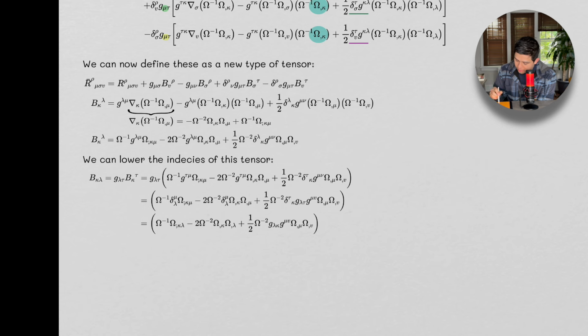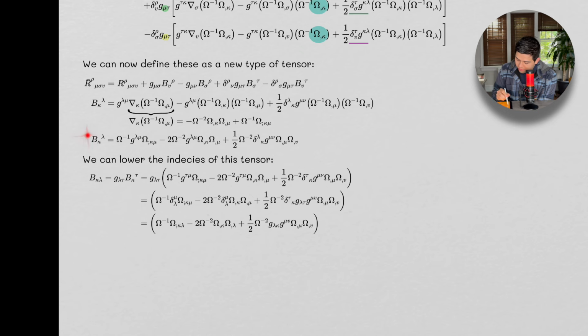And we can add terms to each other to get this 2. This is going to add with this guy here, because we have inverse metric times inverse metric, so that's to the -2. That's where we're getting this -2 here. And then we have this term here.